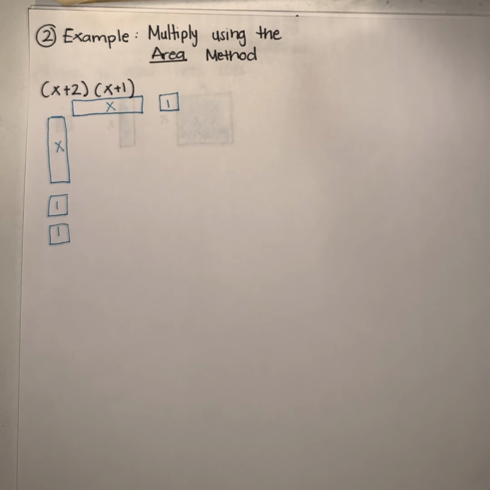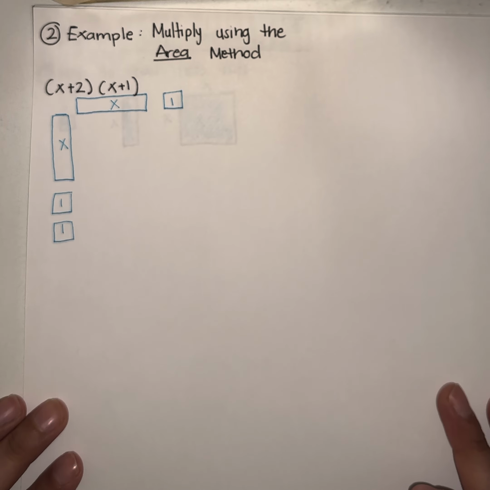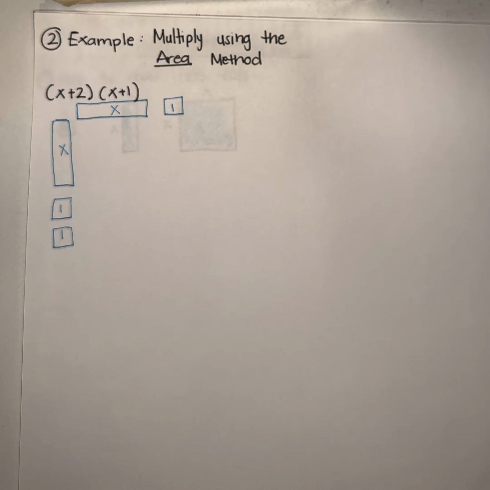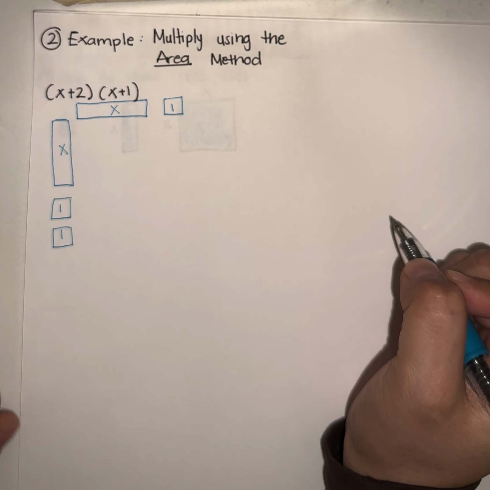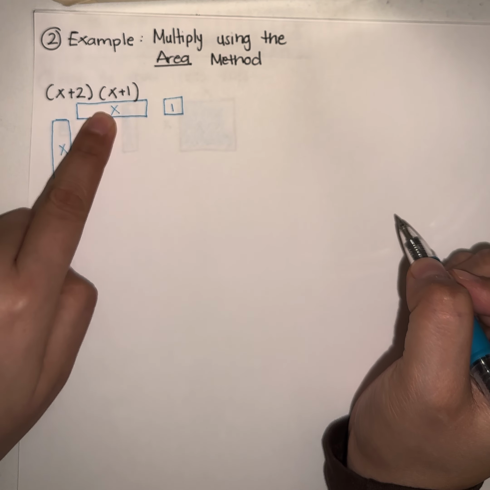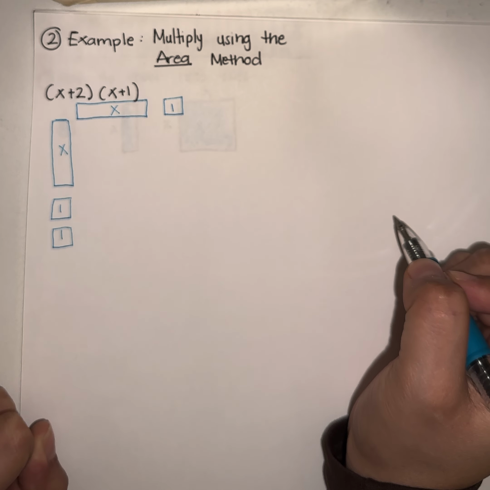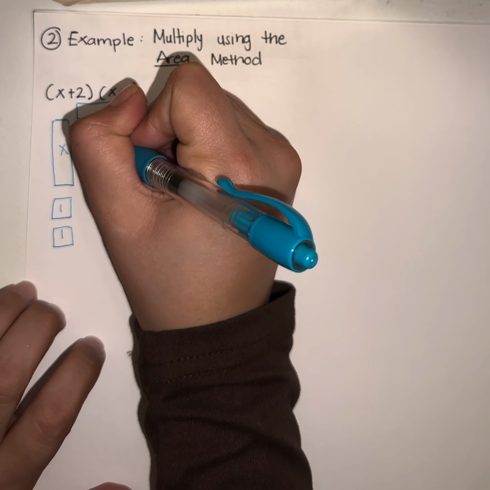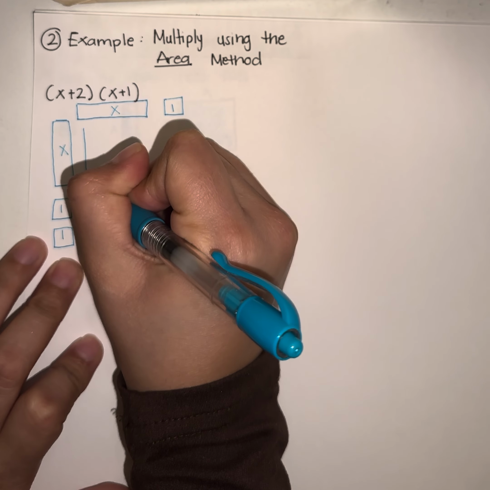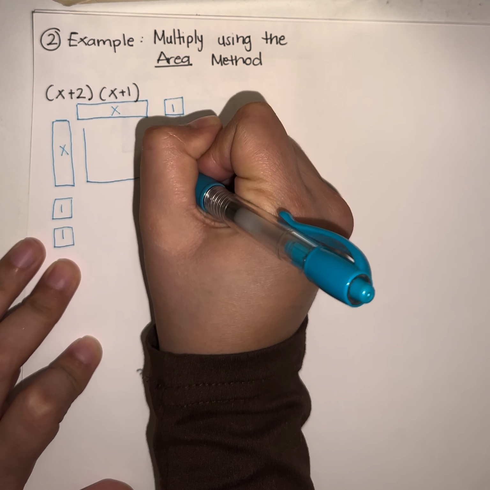Now, how do we do this? How do we multiply these binomials? How do we do this with our algebra tiles? Well, if we just take a look here, x times x gives us x squared. So we're going to draw a bigger square.